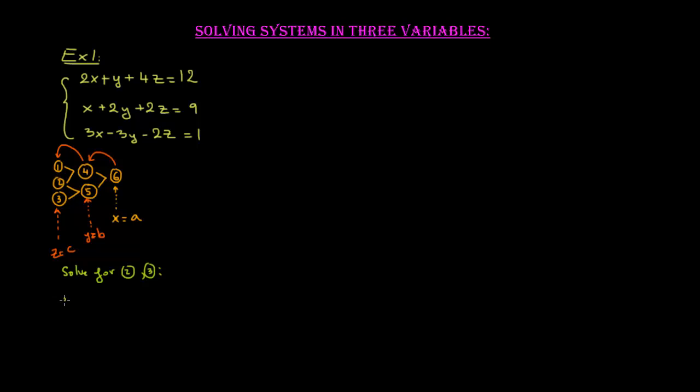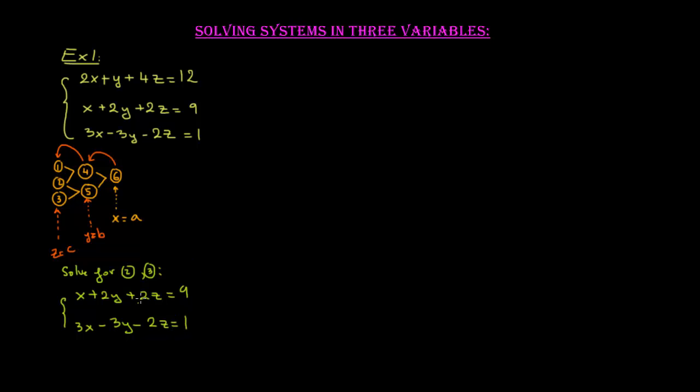So we have x plus 2y plus 2z equal to 9. And the second one is 3x minus 3y minus 2z equal to 1.